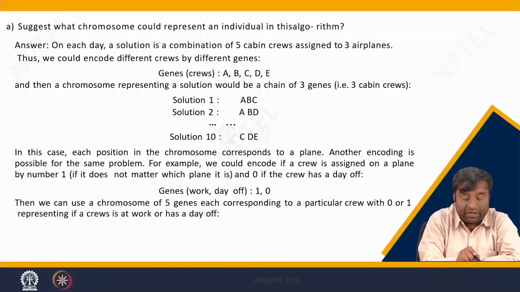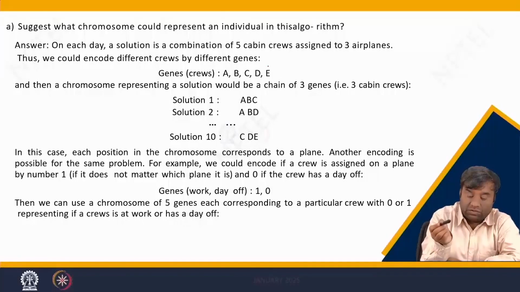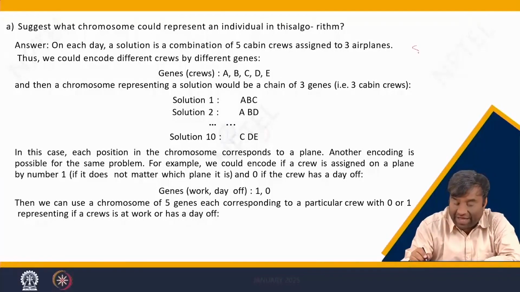On each day, a solution is a combination of 5 cabin crews assigned to 3 airplanes. Thus, we could encode in different ways using different genes. The genes of the crews are A, B, C, D, E. We need to choose 3 cabin crews out of 5, so the number of ways is 5C3, which is 5 factorial over 3 factorial times 2 factorial.